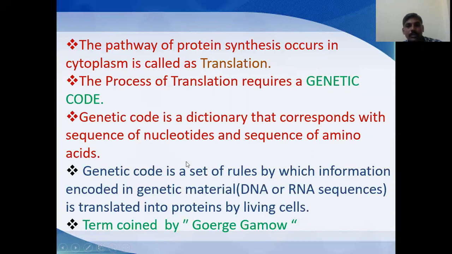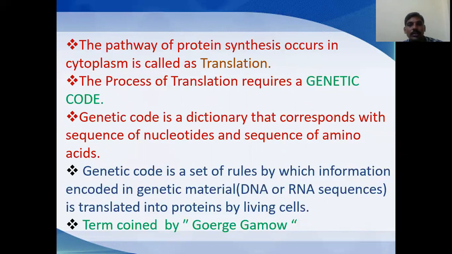That means a special kind of relationship between the sequence of nucleotides in the DNA molecule, or the sequence of codons on the mRNA molecule, and the sequence of amino acids in a polypeptide chain is called the genetic code.